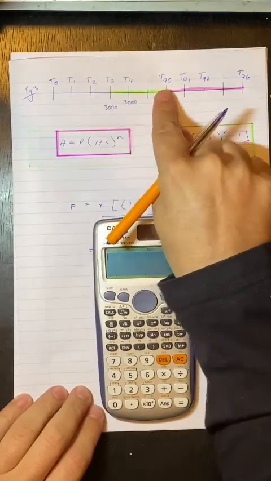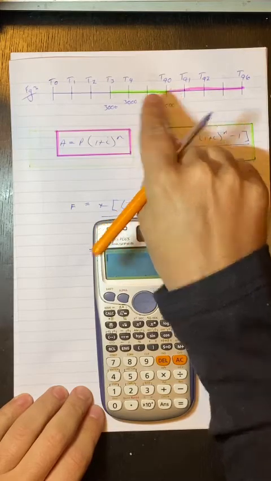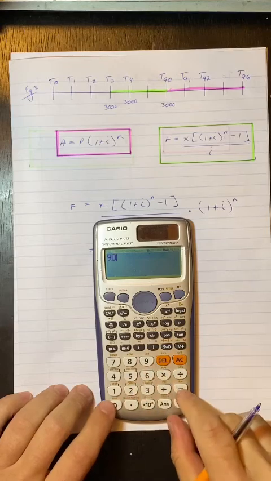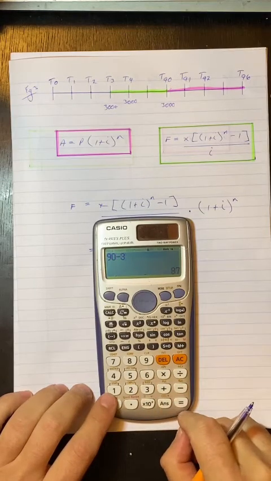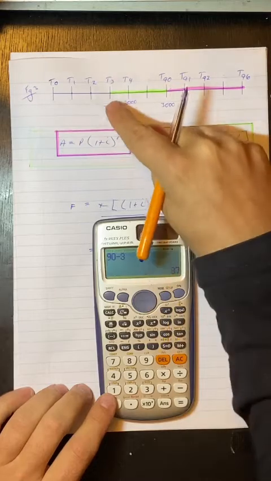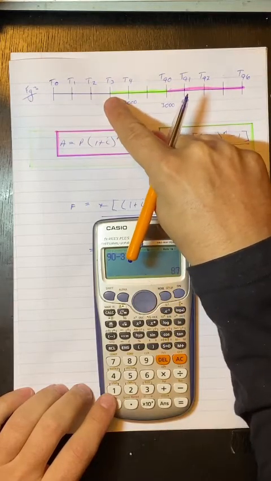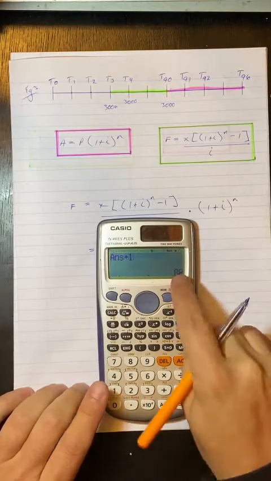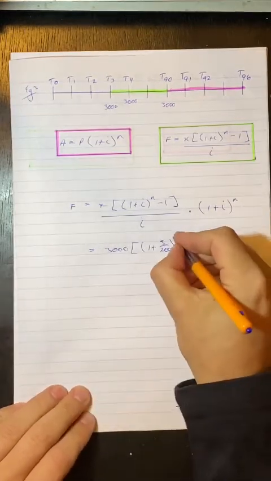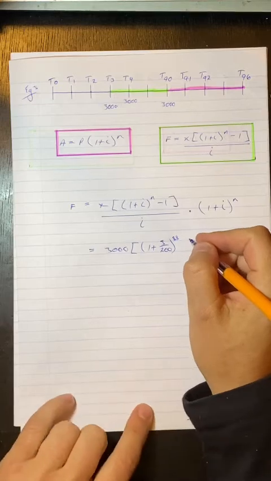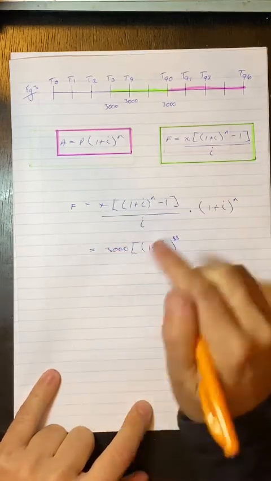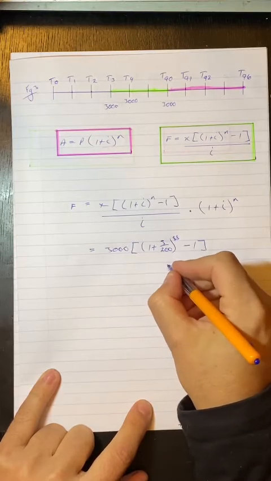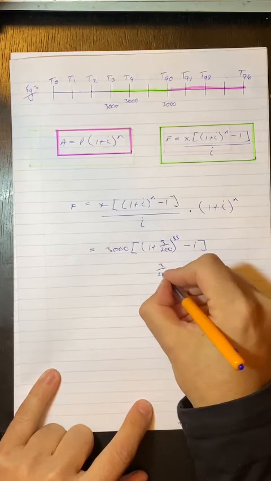It's going to be from here to here, sorry, just the green bit. So what we're going to do is say the 96 minus the 3, but I need to add on this first one over here, because we excluded that by saying this. So I just plus 1 and we get 88. So there are actually 88 payments of this 3,000 Rand, times 1 plus 3 over 200 to the 88, minus 1, all over 3 over 200.